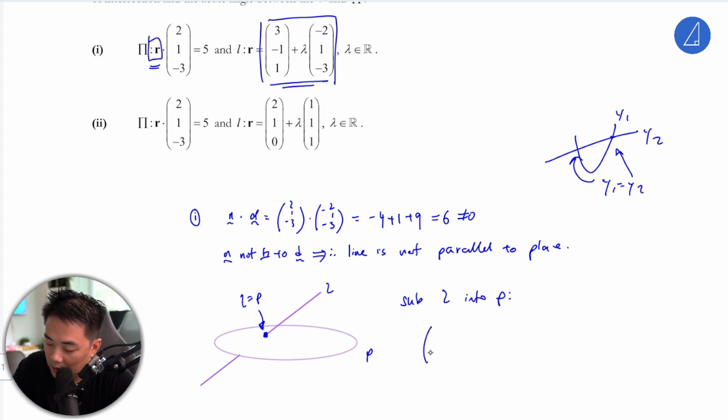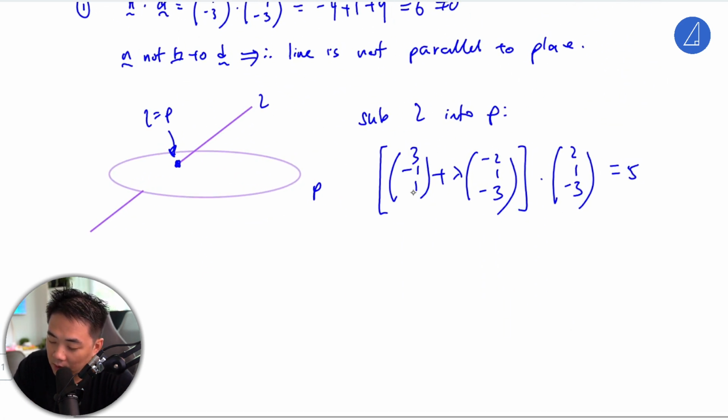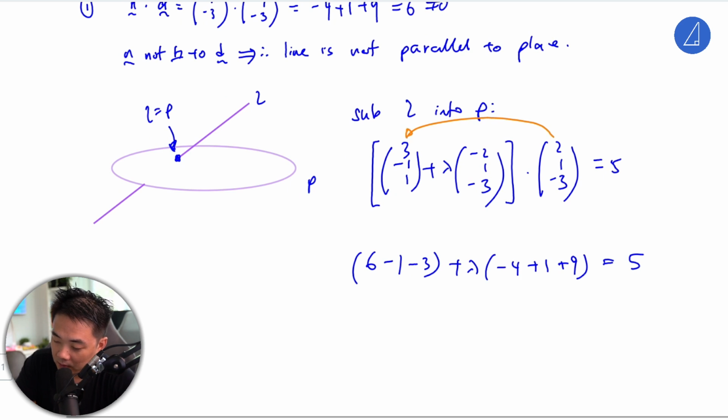So that will be 3 minus 1 plus lambda, minus 2, 1, minus 3. Then what we're going to do is just dot them. Dot 2, 1, minus 3, equals 5. So that will be 6 minus 1 minus 3 plus lambda times minus 4 plus 1 plus 9, equals 5. How do I dot them? I'll usually dot them this way, which will give me this.